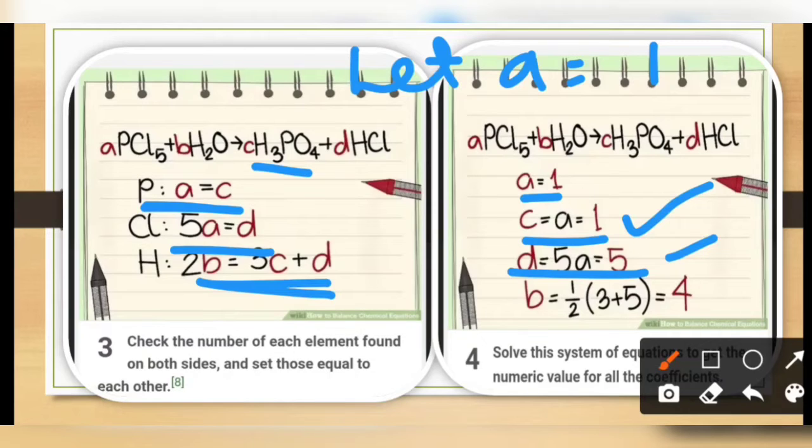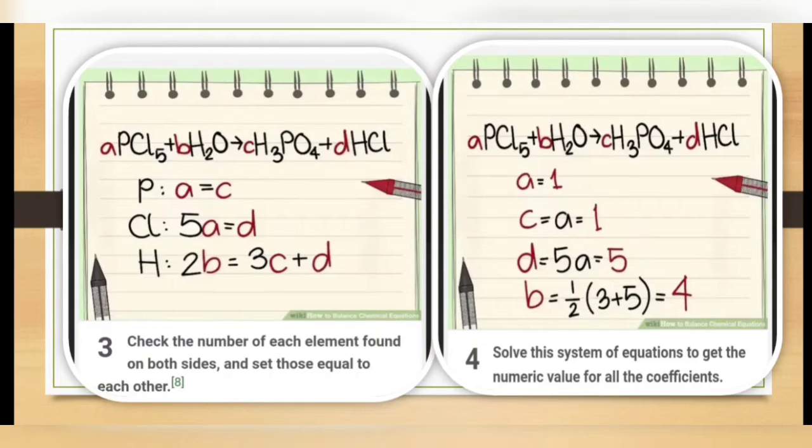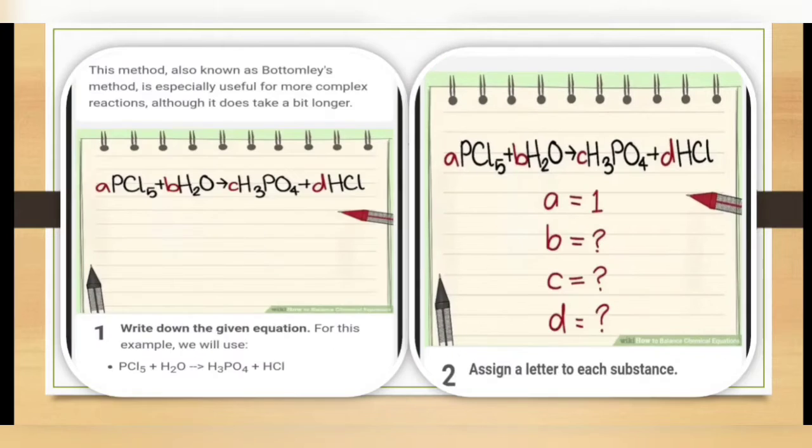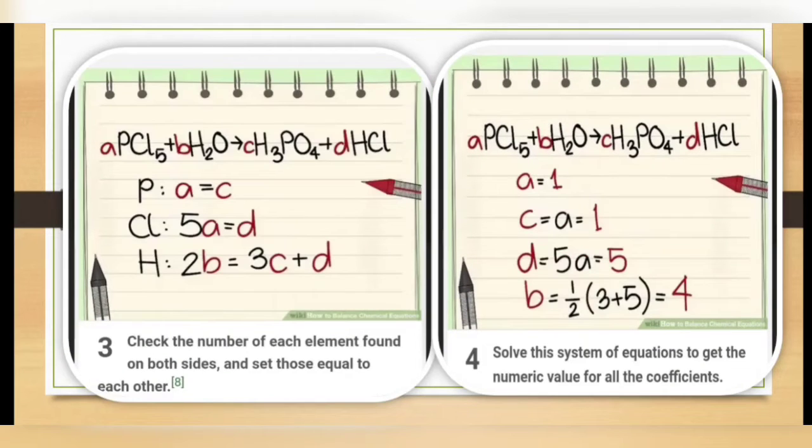The third one, hydrogen: we have C as 1, D as 5, and if we find B, this 2 goes downward and we get B as 4. So we have all the values: A will be 1, B will be 4, C will be 1 and D will be 5.